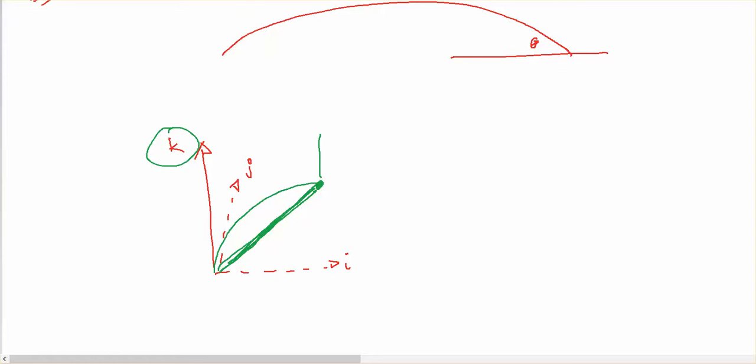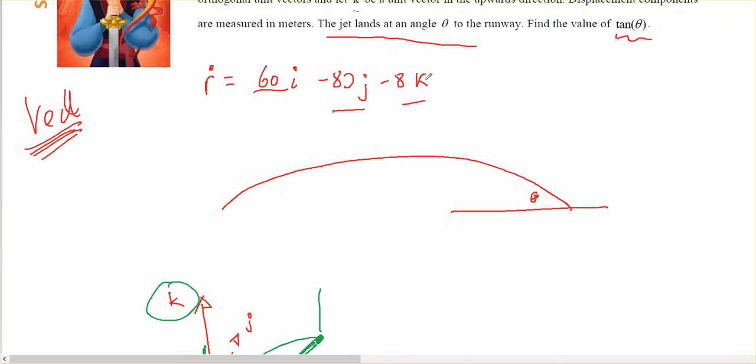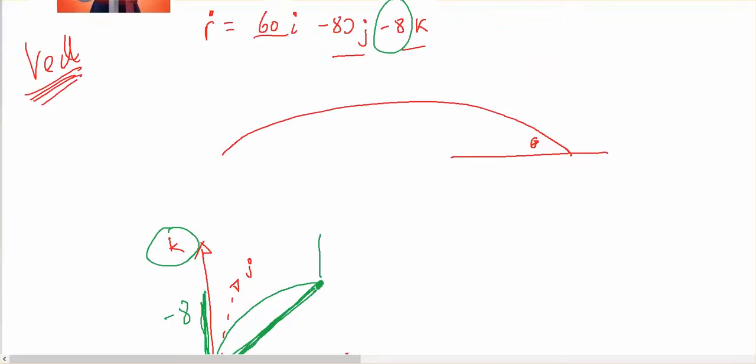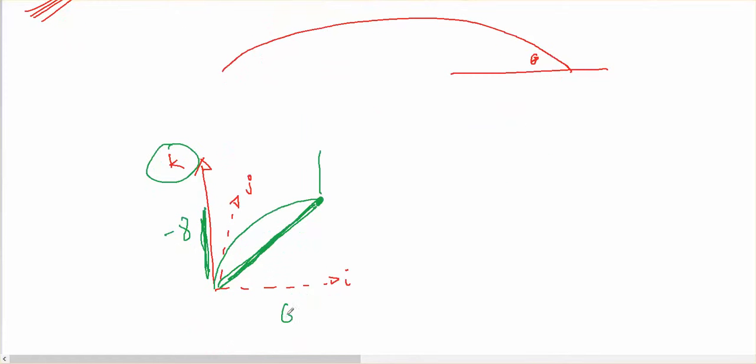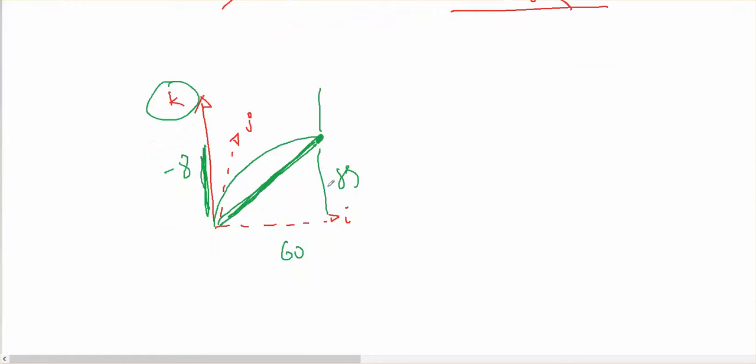And I know in this particular case the K is over here at -8, because I can see there the K of -8. And I've gone 60 in the I, and I've gone 80 in the J, even if it's negative. So when it lands, this is going to be my angle here, which is going to be sitting in three-dimensional space, and that's going to be a right angle.